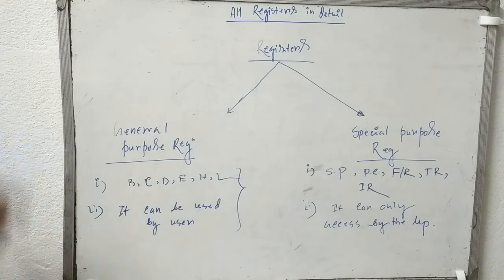So this is the overall thing that I was trying to describe. Now let's come back to the topic from where we started, the basic diagram or the architectural diagram of the 8085 microprocessor.